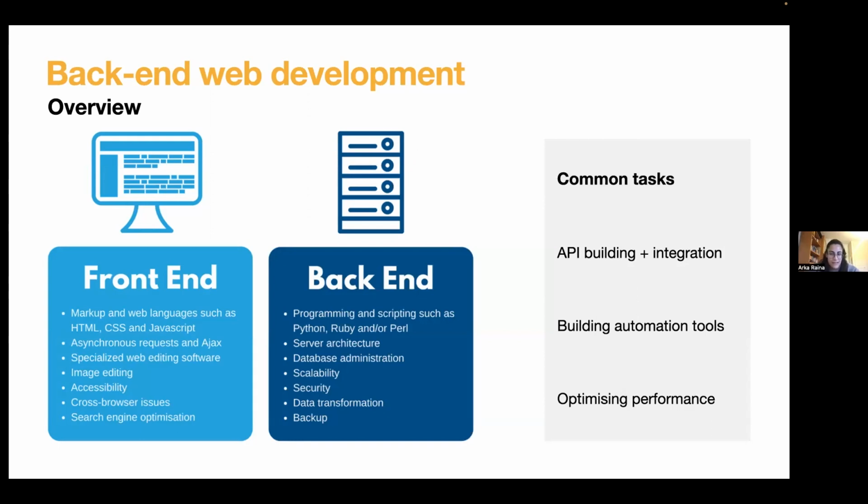And then backend is the behind the scenes type of development. So it's basically looking after the server, and how it interacts with the database to serve up data that you see on the front end, to the client, and that their users interact with.